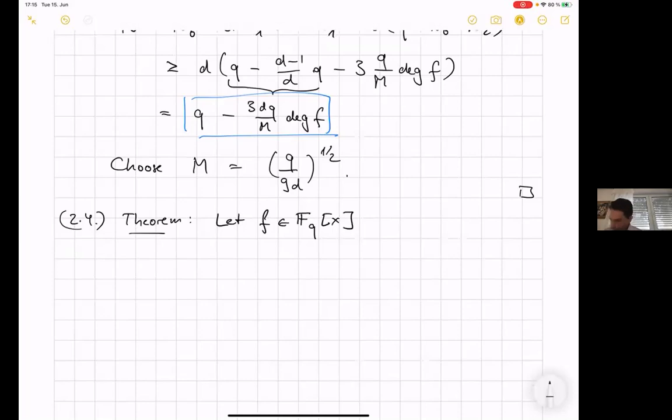So take a polynomial f, and for simplicity I add an assumption that could be dropped, but that's a bit more tricky. Suppose that the degree is coprime to q, and in fact less than q.